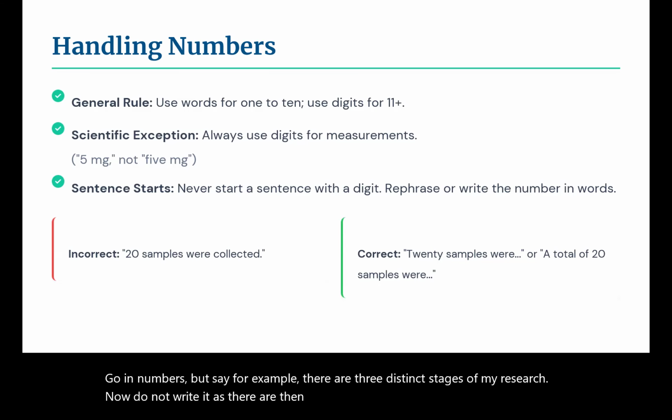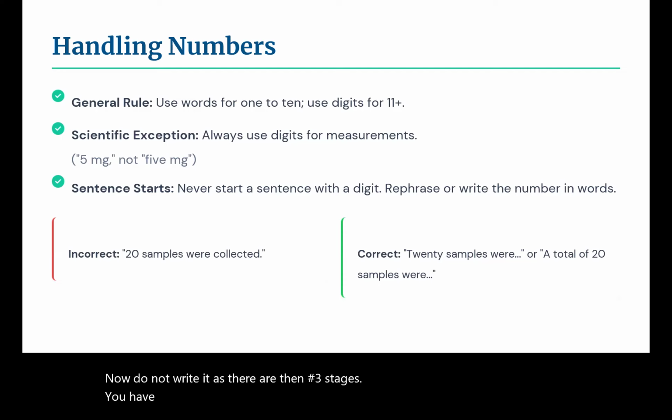You have to say there are THREE steps in my research. But if it is about 3 milligrams of something, you do not write it in words, but you write it in numbers because it follows what?